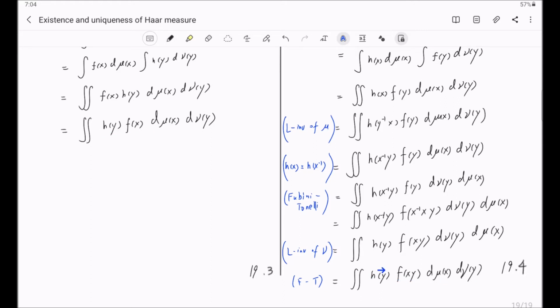Now they look very similar to each other. The only difference is that here for this f, on the left-hand side we get f of x, but on the right-hand side it is f of xy.